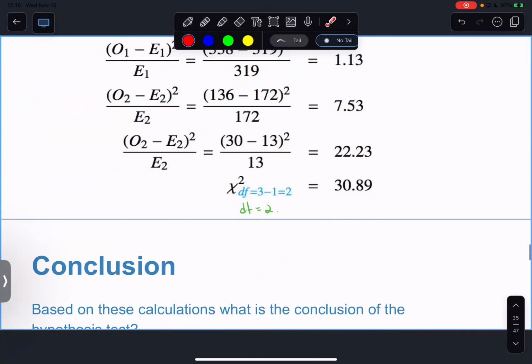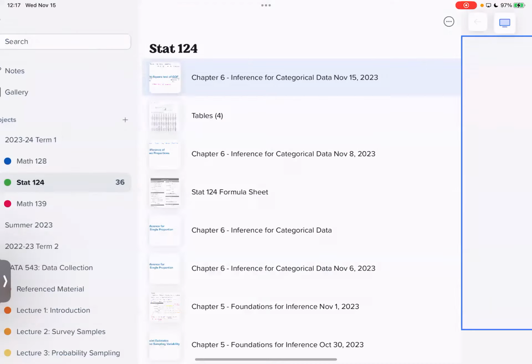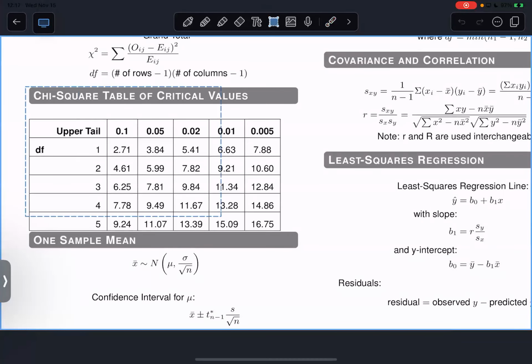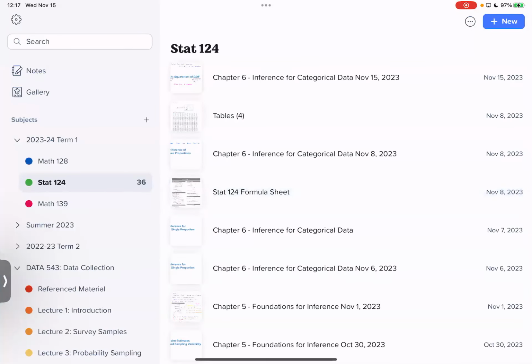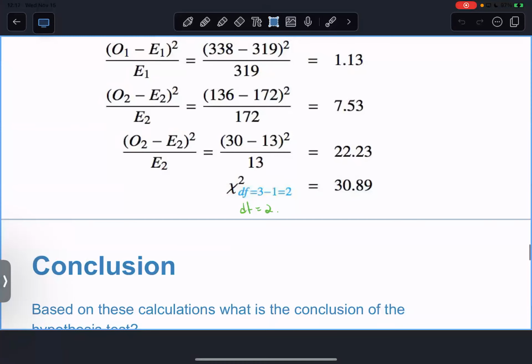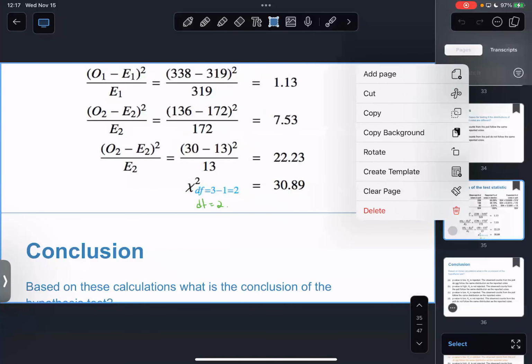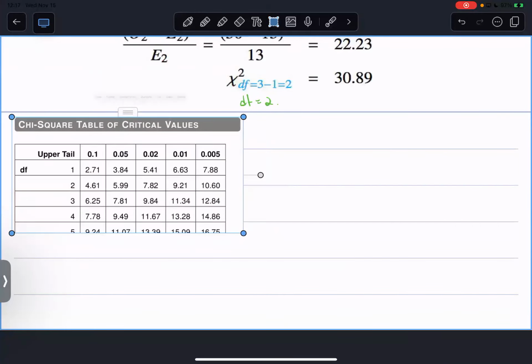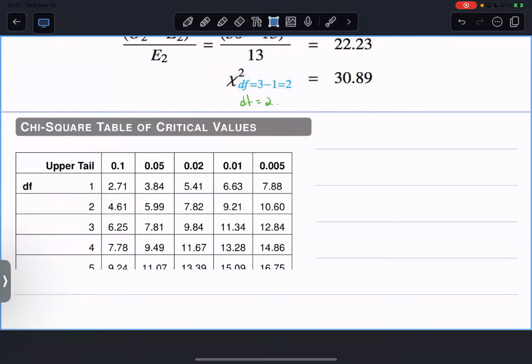And from our formula sheet, we've got that little table that we'll use. I'm gonna add a page here. If I have 2 degrees of freedom, I'm on this line here. 30 is my calculated chi-squared.